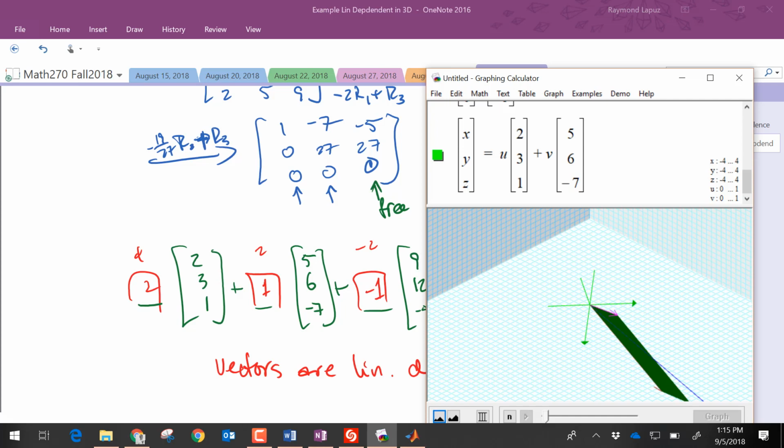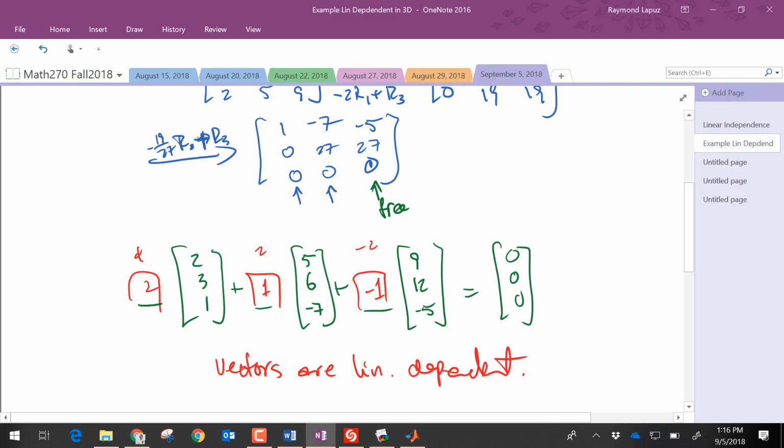So if I do that, I'm going to get a plane. In this case, it's just a piece of a plane because I'm only letting my u and my v go from 0 to 1. But you can see that that third vector is in between those other two vectors, right? If I actually want to capture that, what are the coefficients again? I need to multiply 2, 3, 1 and then 5, 6, -7 by 1.